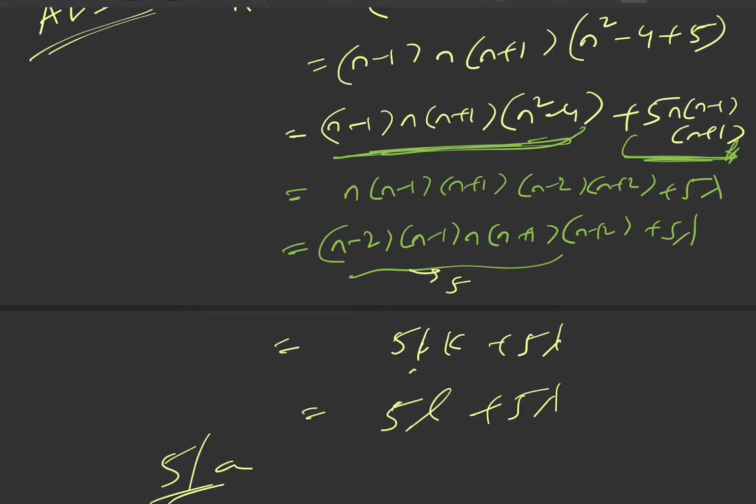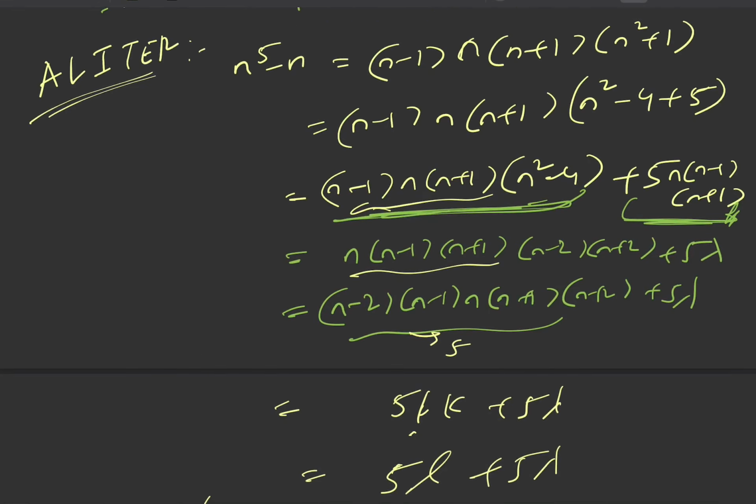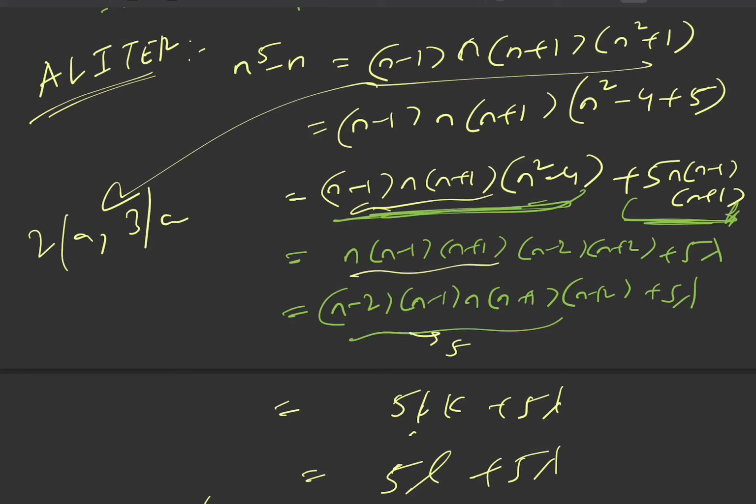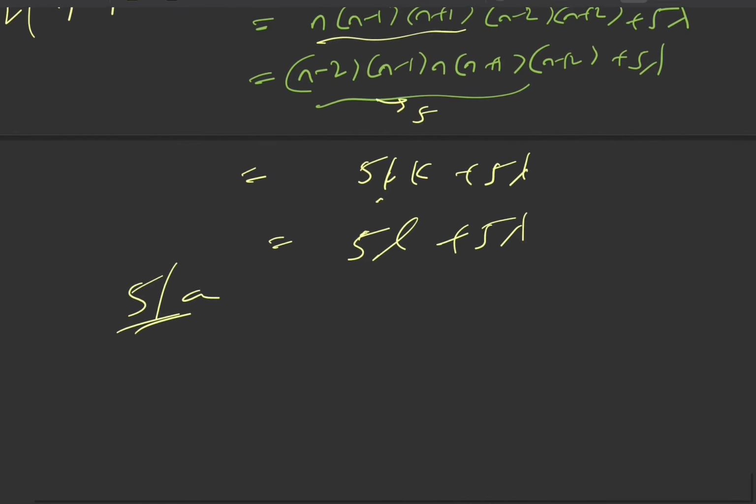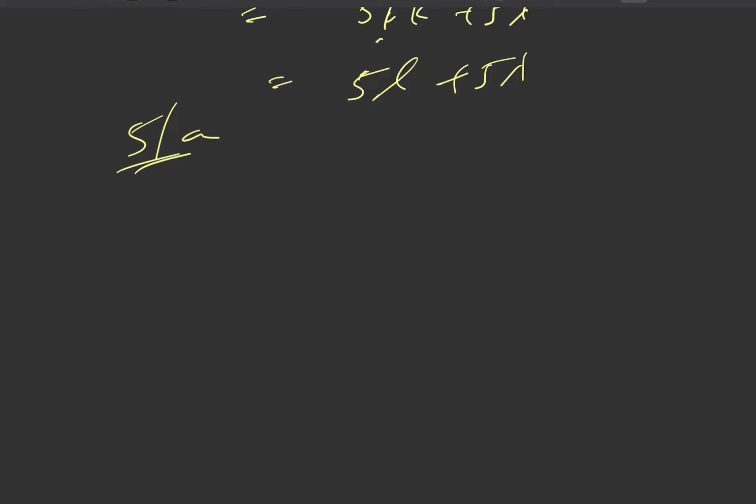So clearly 5 divides a, and since there are three consecutive numbers, we can say that 2 divides a and 3 divides a, because one will be a multiple of 2 and one will be a multiple of 3. So here you will get the answer in 2 steps only. Fine. So I think this is clear to you.